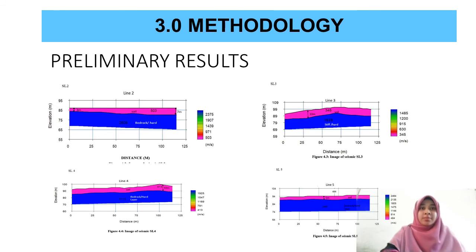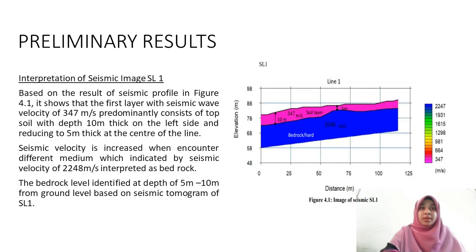Interpretation of seismic image SL1. Based on the result of seismic profile in figure 4.1, it shows that the first layer with seismic wave velocity of 347 m/s predominantly consists of a topsoil with depth 10 meter thick on the left side and receding to 5 meter thick at the center of the line.